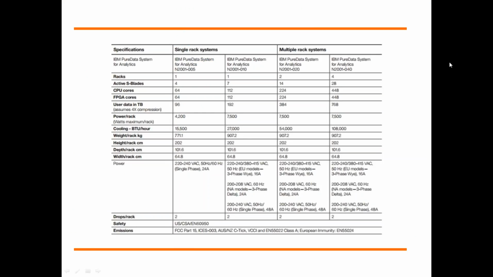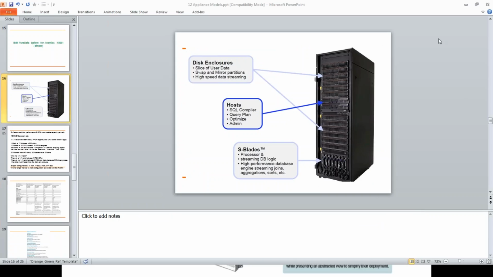Just give me 1 minute. This is a Striper model.